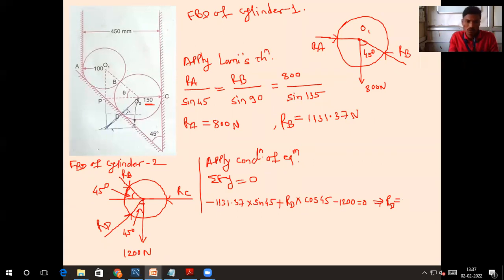Because the total value will be 2828.42. Is it like this? Point 42. Okay.